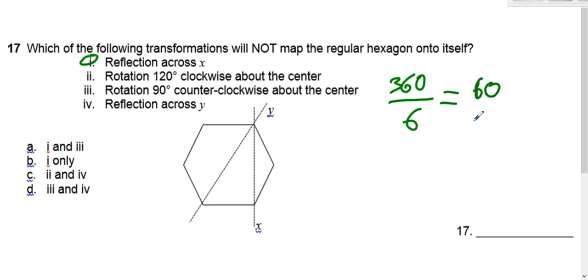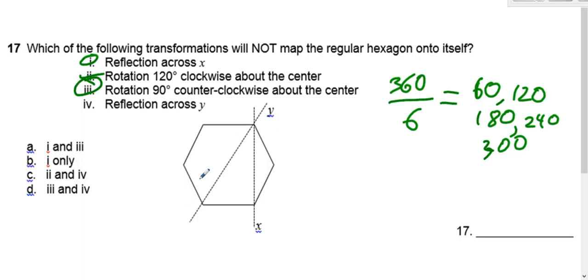So that means 60 degrees, 120, 180, 240, 300. All of those will map onto itself. So rotating 120 degrees will map onto itself. 90 degrees will not map onto itself. Reflecting across Y will map onto itself. So 1 and 3 are the two that do not map onto itself.